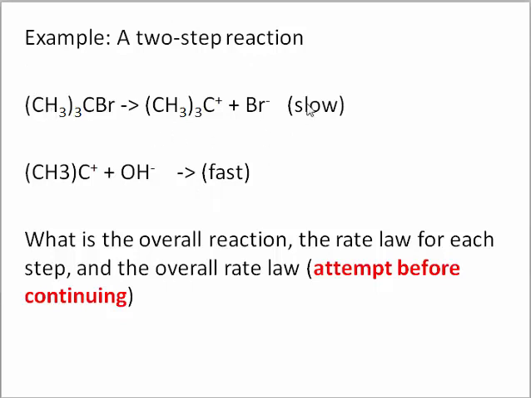Here's another example of a two-step reaction. (CH3)3CBr breaks into (CH3)3C+ plus Br-. This is, you might imagine, a slow step.